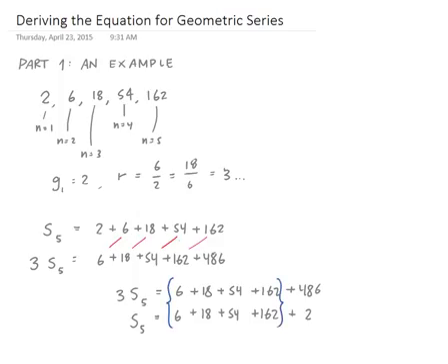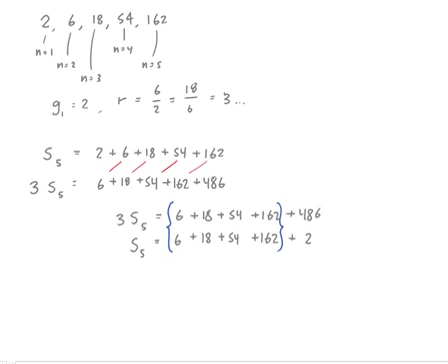And if I subtract, on the left side of this equation, I get 3S5 minus S5. Of course, 6 minus 6 is 0, 18 minus 18 is 0, 54 minus 54 is 0, 162 minus 162 is 0. All of this stuff inside of the blue brackets that I've drawn in is 0, and we're just left with the 486 minus 2.